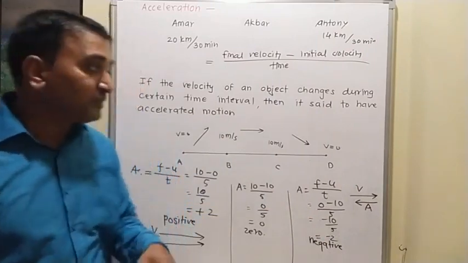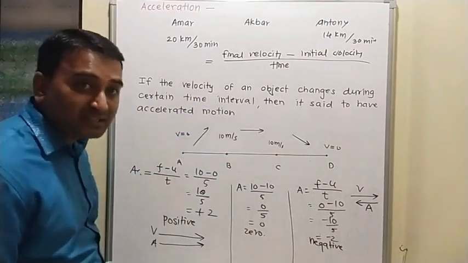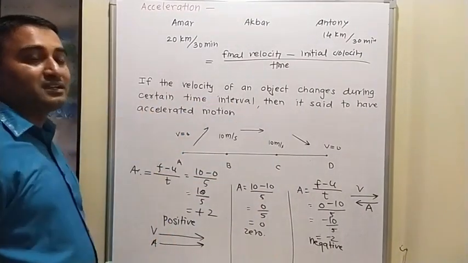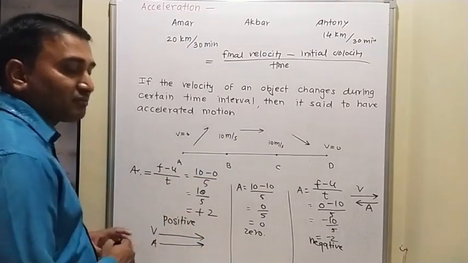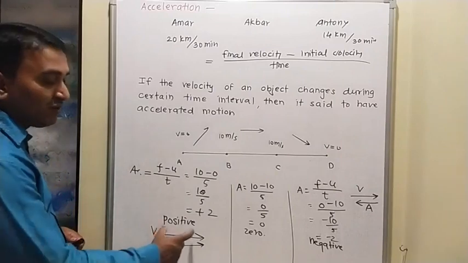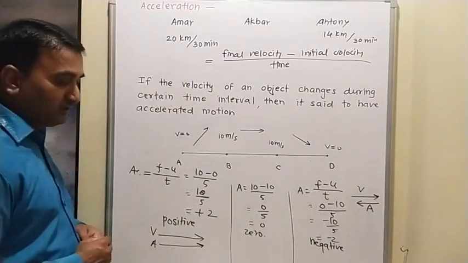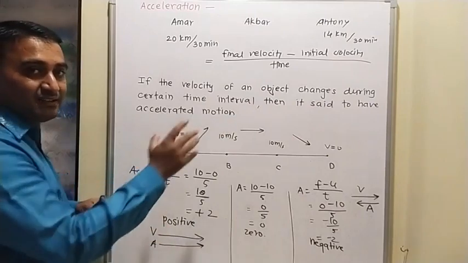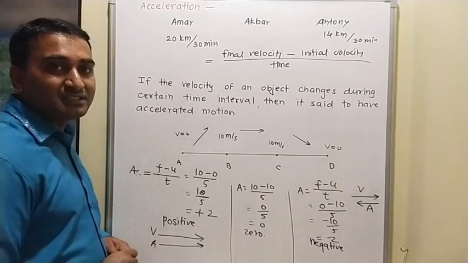The final velocity is 0. So what we have discussed here: if the velocity of an object changes during a certain time interval, then it is said to have an accelerated motion. Acceleration may be of 3 types. Which are they? Positive acceleration, negative acceleration and zero acceleration. When speed is increasing, acceleration is positive. When speed is decreasing, acceleration is negative.